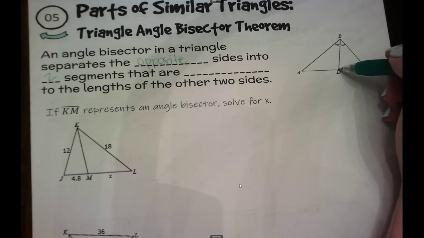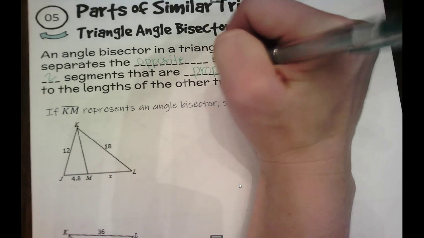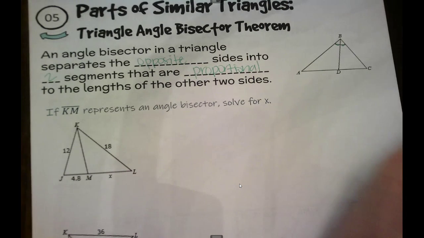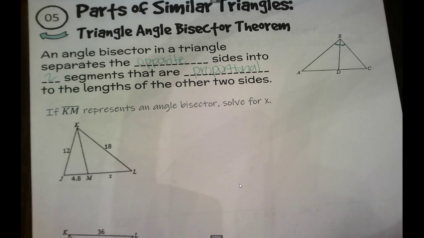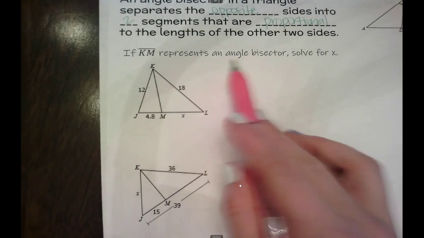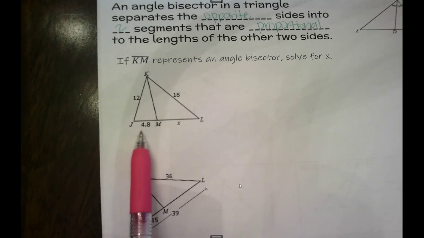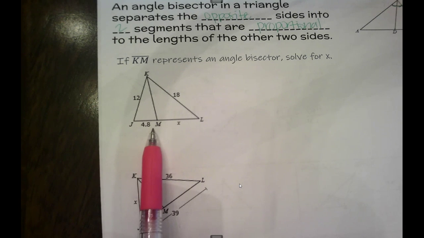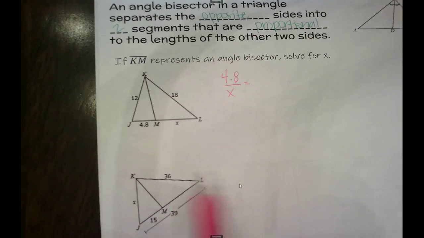It's going to go down to the end and separate this into two sides that are proportional to these sides. So let's look at what that means. We're told that it's an angle bisector, and we need to solve for x. So I can take this small side of the base over this side, and that's going to be proportional.